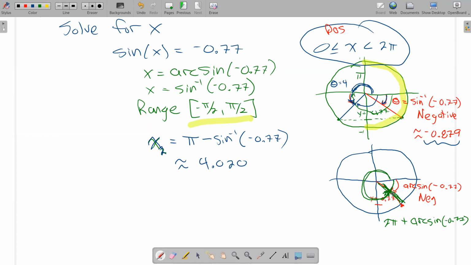So let's double check that. My actual x1, let's make that one in green, should be 2 pi plus the arcsine, or sine inverse, of negative 0.77. So this one is a solution to the equation, but it's not in the domain I was asked to look in.